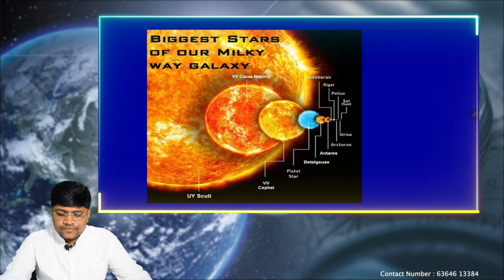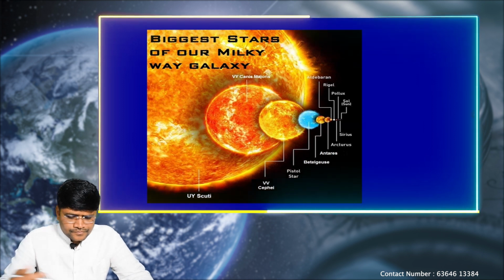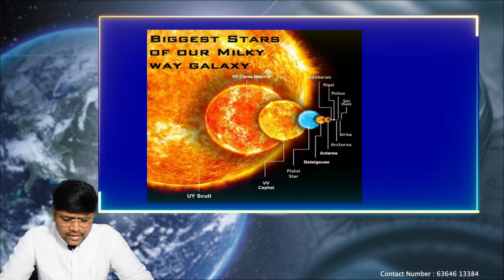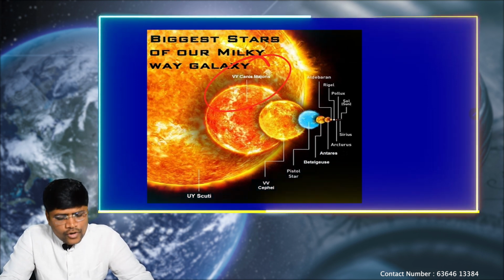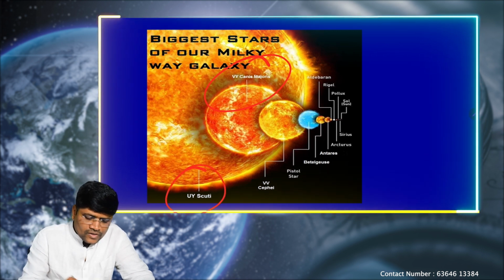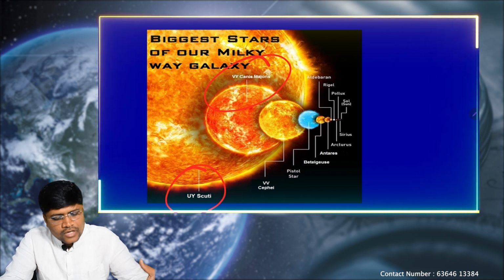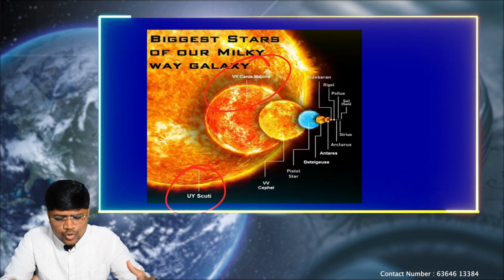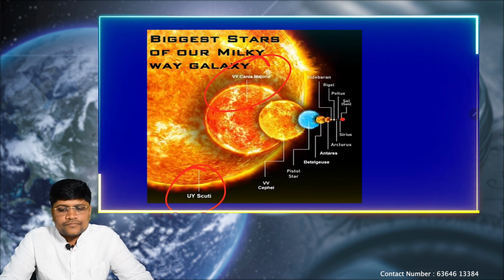We know that stars are self-illuminating objects in the universe, and they also differ in size. Previously, we knew that VY Canis Majoris was the largest. Recently, we discovered that UY Scuti is the largest known star in the universe, or at least in the Milky Way galaxy. Our Sun is a very minor star.